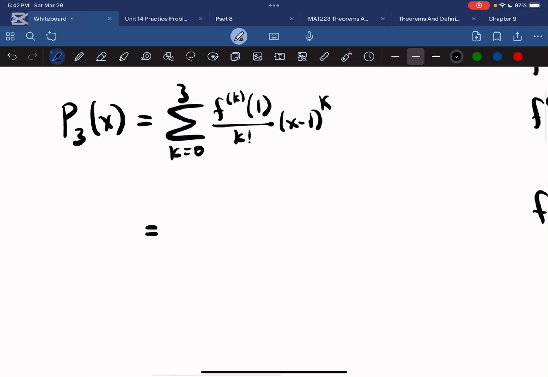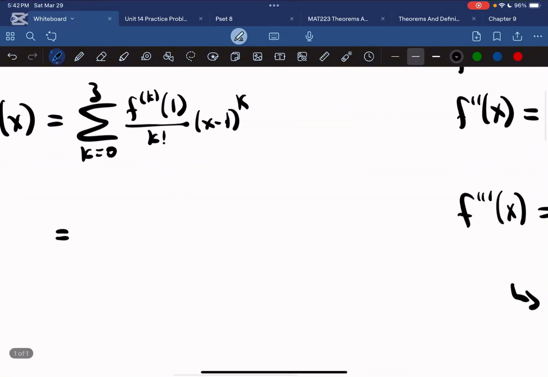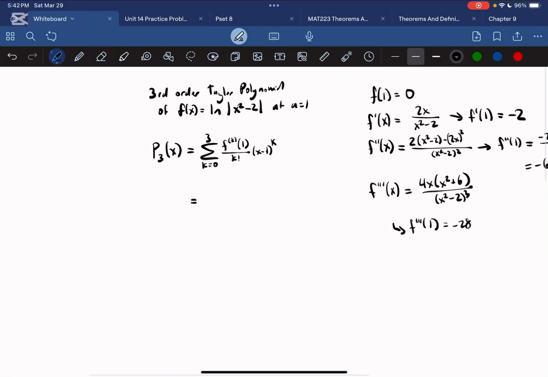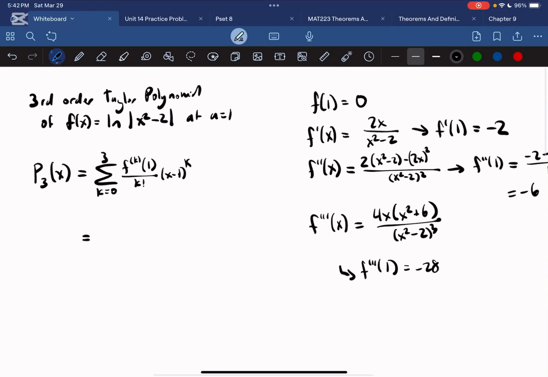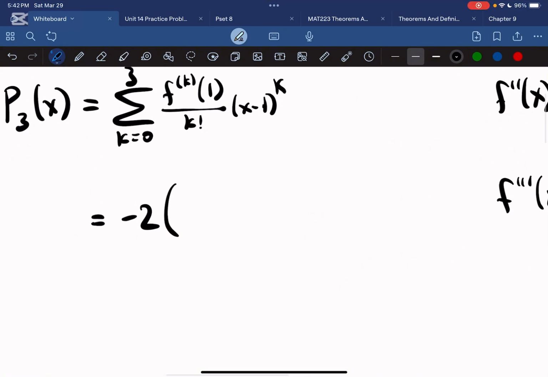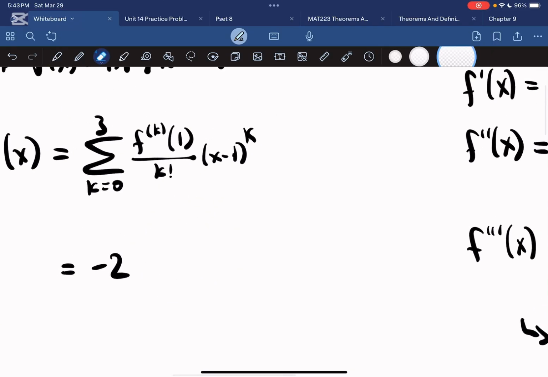So we can rewrite this and just open the sum, right? So that's 0, there's no term. And then k is equal to 1, we have -2 times x minus 1, over 1 factorial.